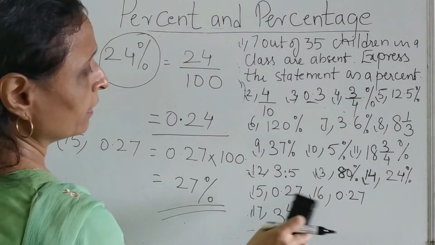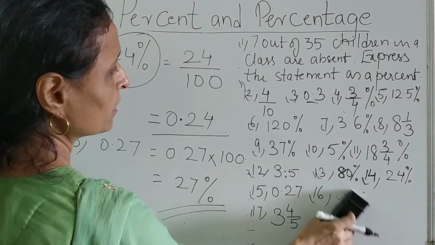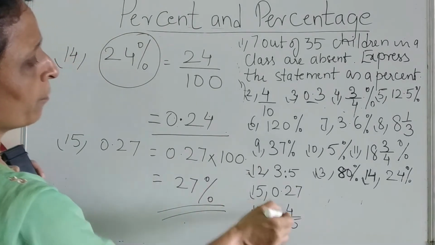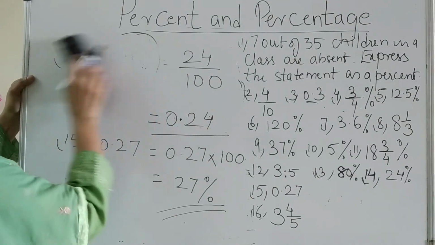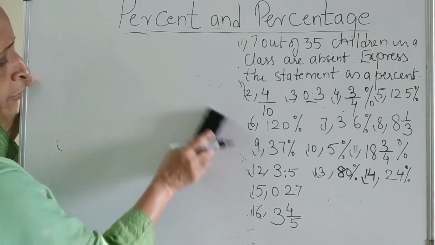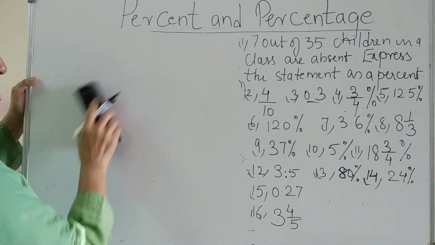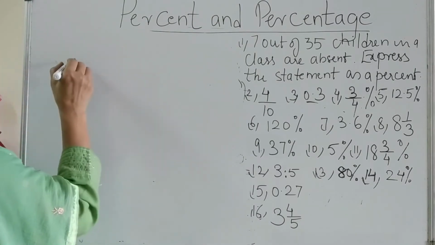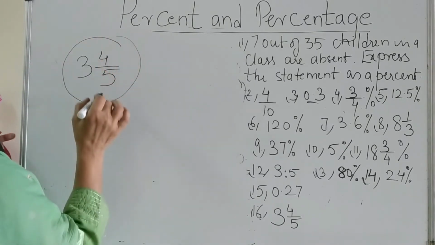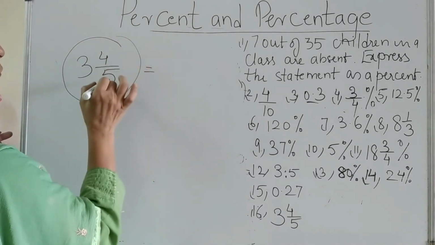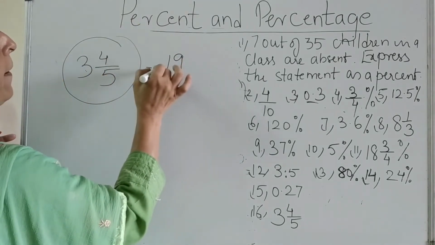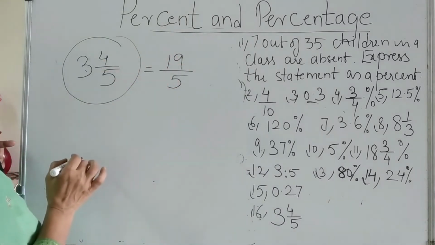Now the 16th sum is 3 4 by 5. Now this is again a fraction. It has to be converted into percentage. 3 4 by 5 is a mixed fraction. It has to be made into an improper fraction. 5 threes are 15. 15 plus 4, it is 19 by 5.